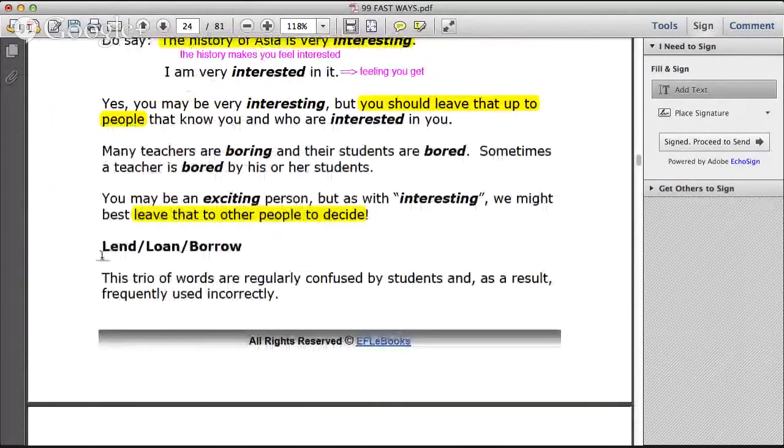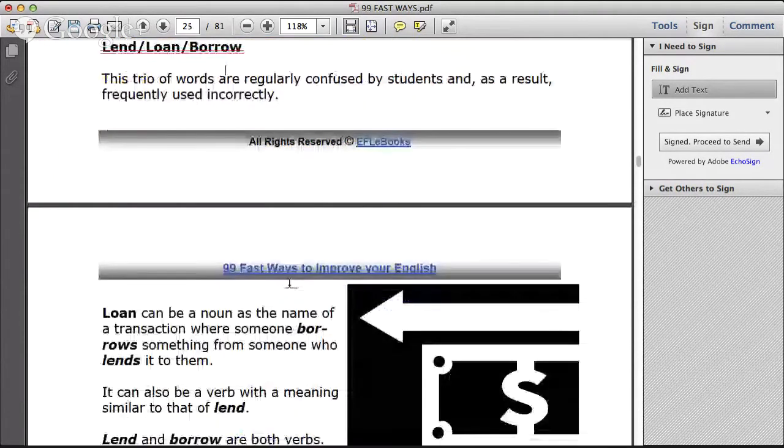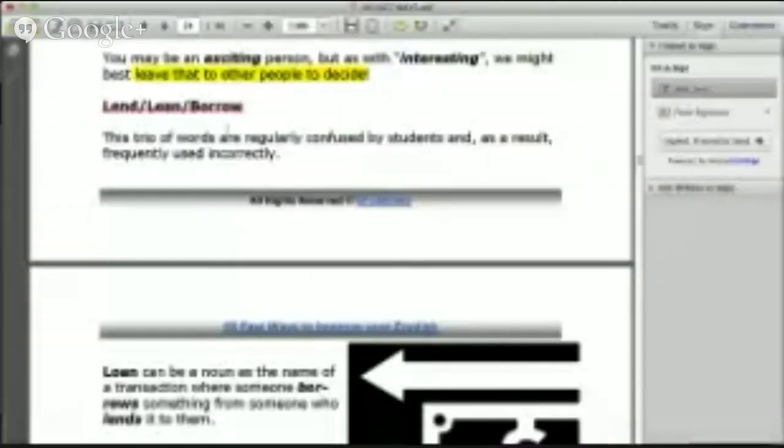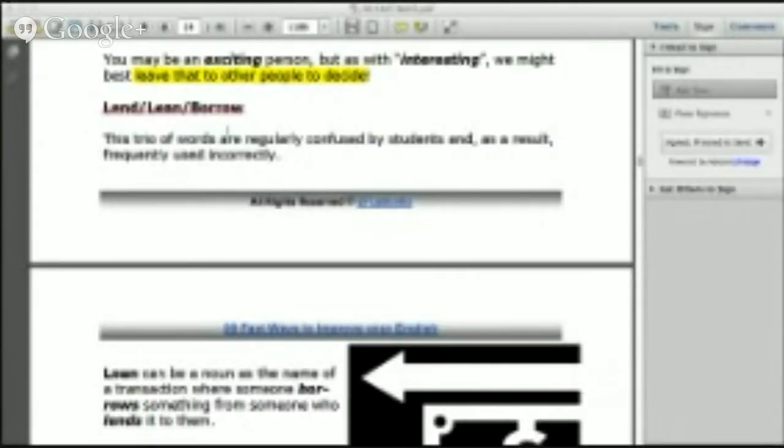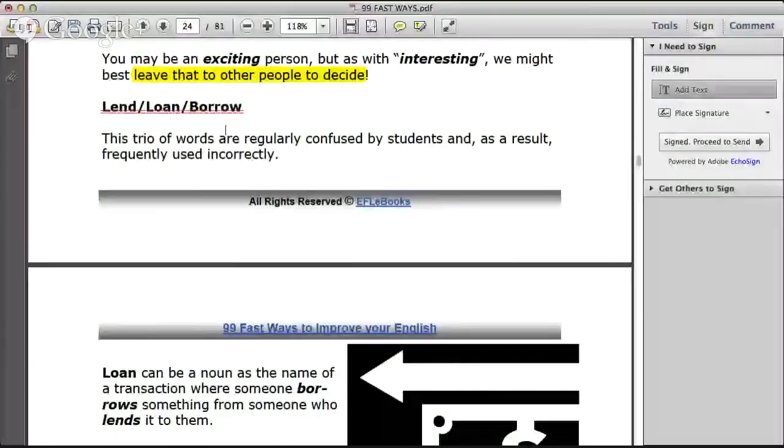This is, let's see, lend, loan, borrow. This is another one that I hear people mess up on. Okay, let's go to Juan. Let's have you read, because you only read a couple lines on the last one.